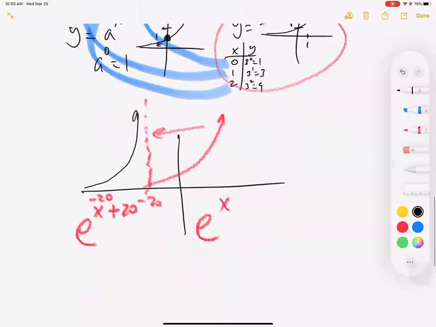And if you want to double check, if I write e to the negative 20 plus 20, that's e to the 0, which is 1. So way back here, that's my 1. And you won't see your e to the 0 till 0. So it got shifted back.